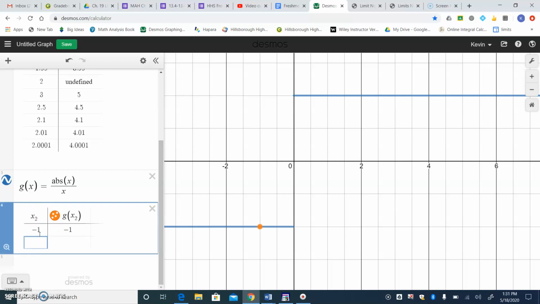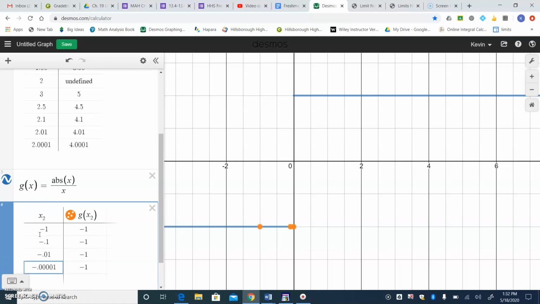So -1 gives me a -1, negative 0.1, negative 0.01, negative 0.00001. Everything to the left of 0 is going to give me a value of -1. Doesn't matter that it's not changing. It's still approaching a value of -1, if not equal to a value of -1 for everything to the left. So we say the left side limit is -1.